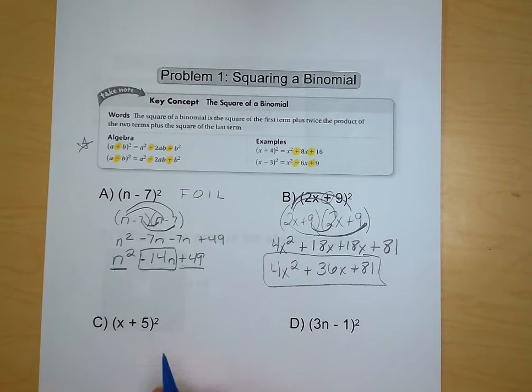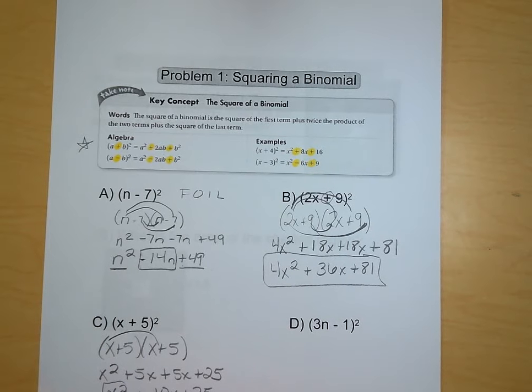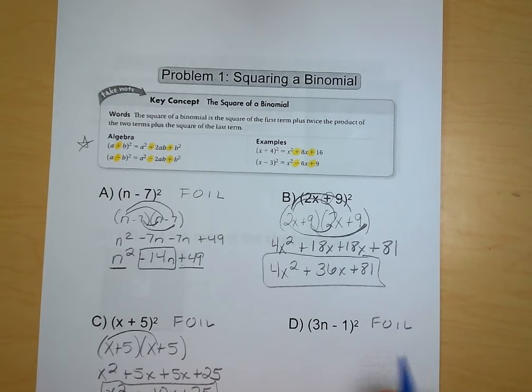So we have x plus 5, the quantity squared. Distribute, we've got x squared plus 5x plus 5x plus 25. When we combine like terms, we have x squared plus 10x plus 25. All right.